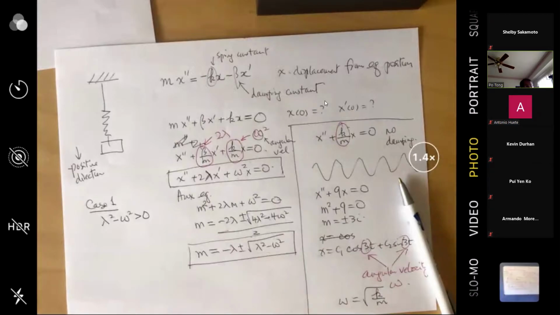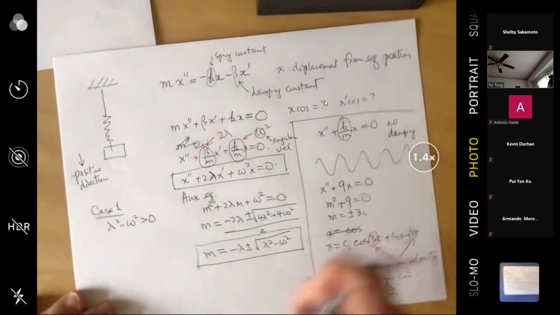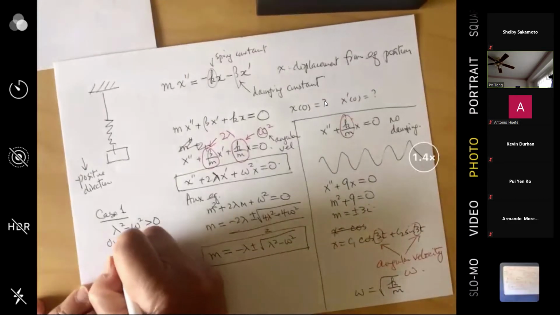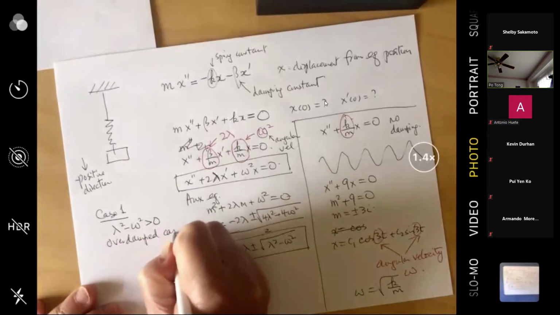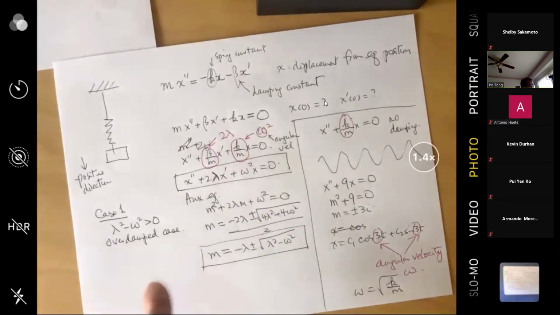And this is called the overdamped case. I'll show you the exponential function on the next page. I just want to talk about the 3 different cases, okay?